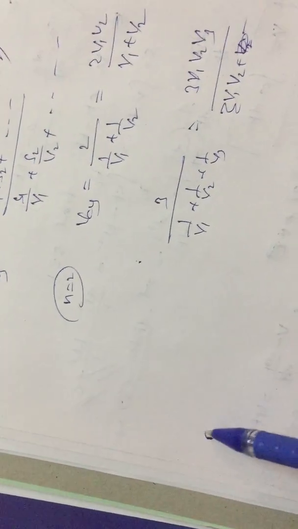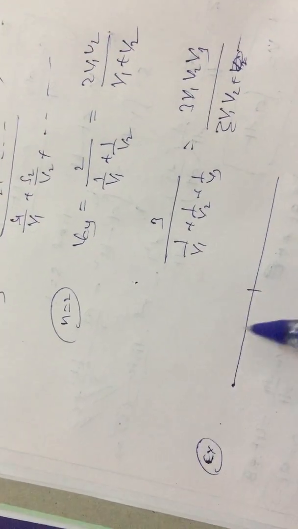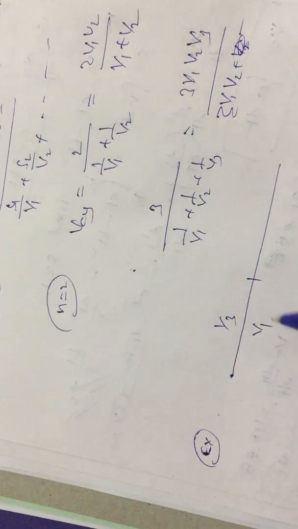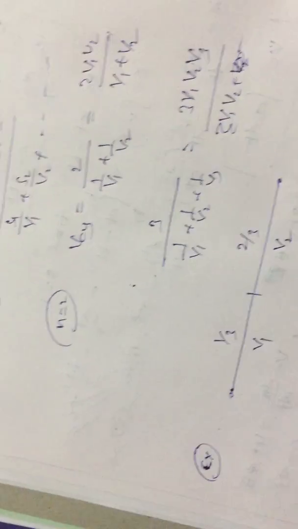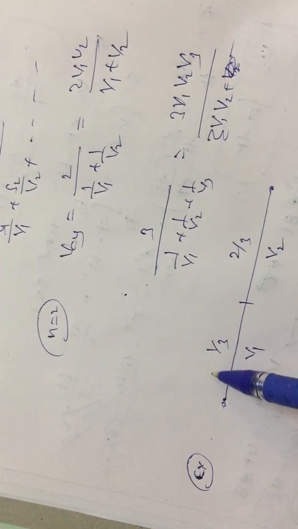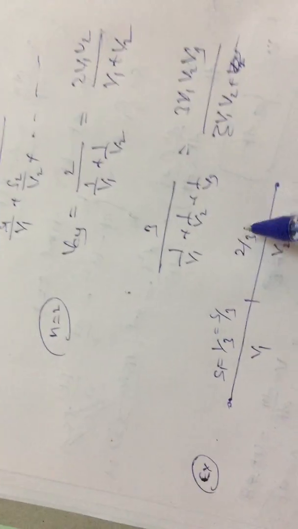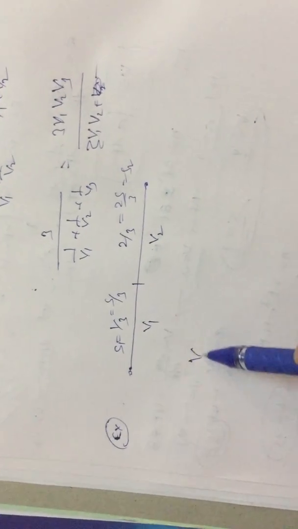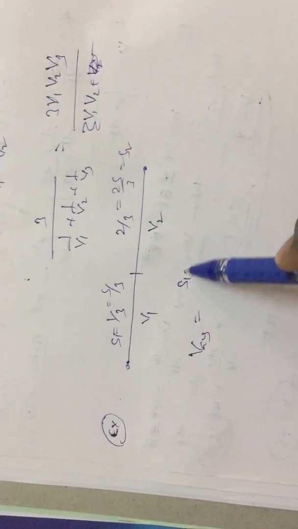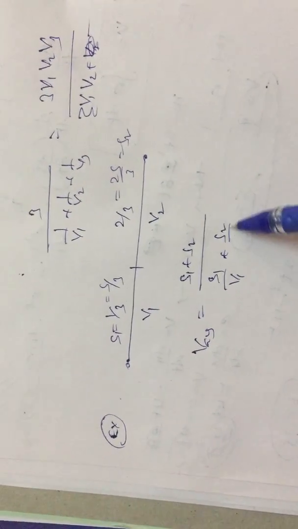One very important question based on this application is: a body travels 1/3 of the distance with speed v1, and the remaining 2/3 of the distance with speed v2. So 1/3 of the distance means s1 equals s by 3, and 2/3 of the distance means 2s by 3. Time values are not given, so average speed equals s1 plus s2 by s1 by v1 plus s2 by v2.